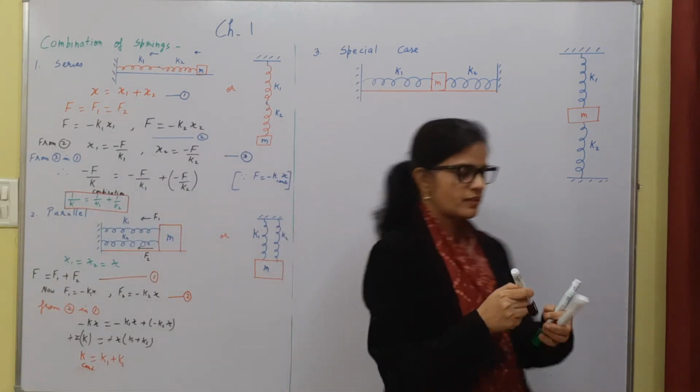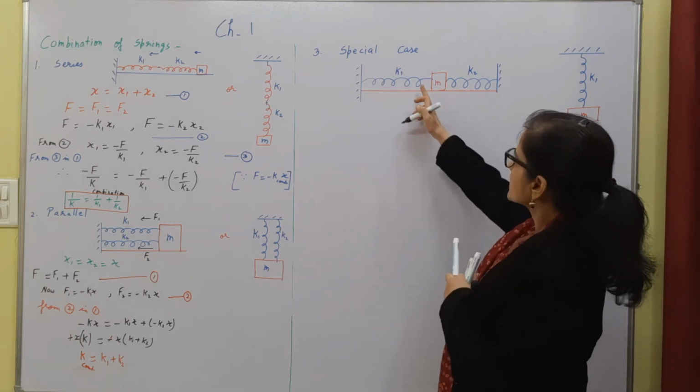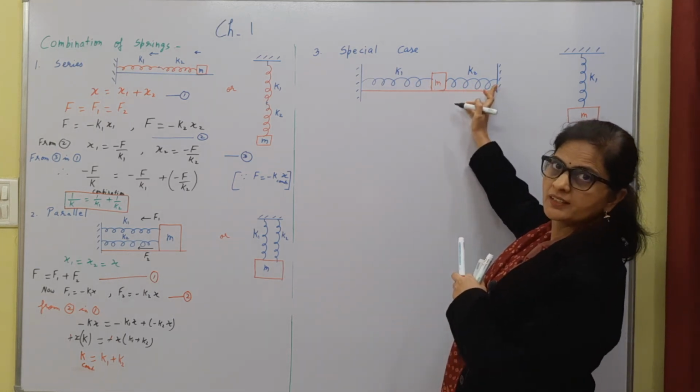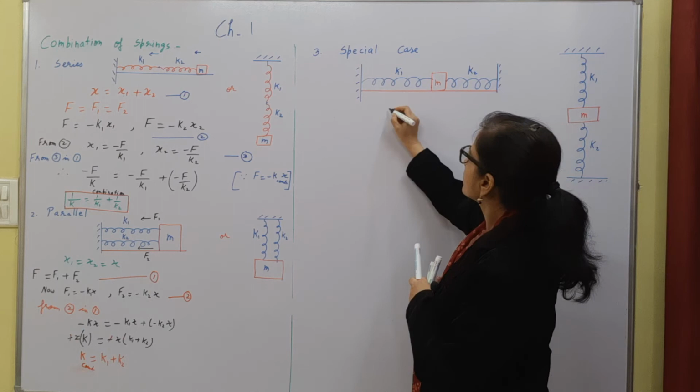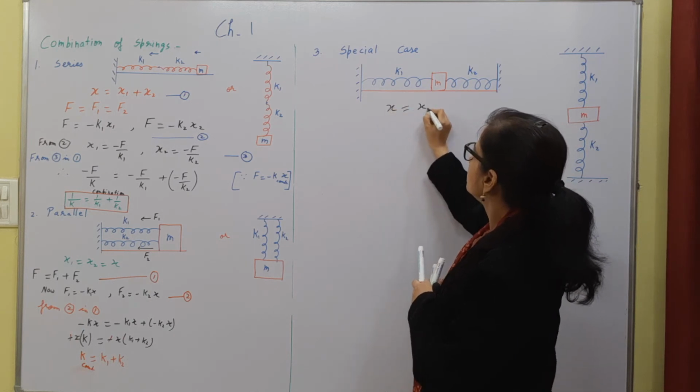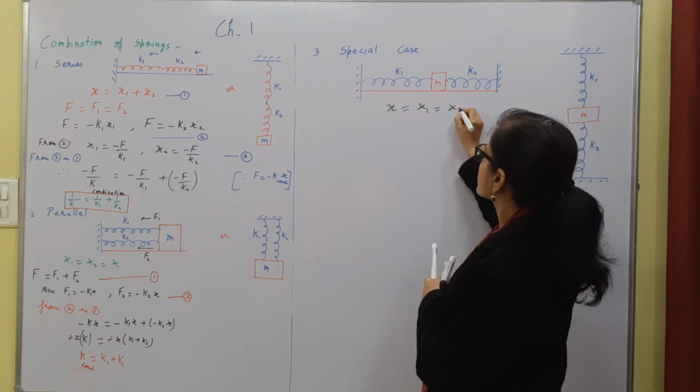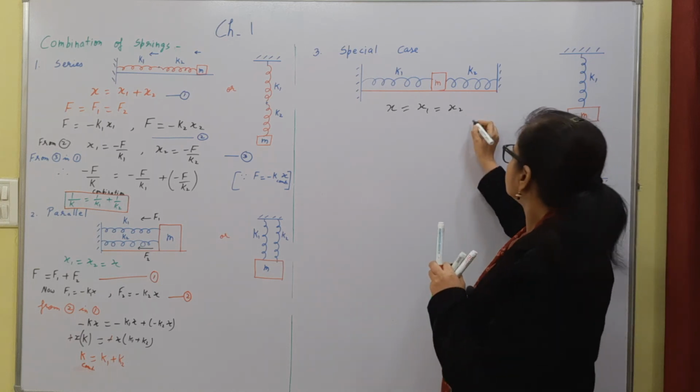Let's take this case. Now in this case, whatever is the extension in one is the compression in the other. So if we check, the value of compression and extension will be the same.